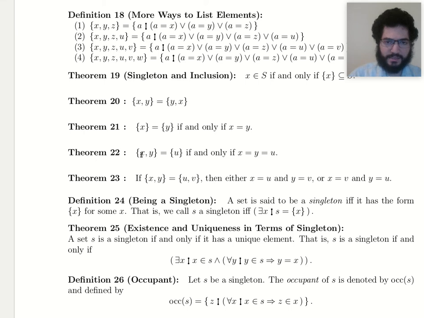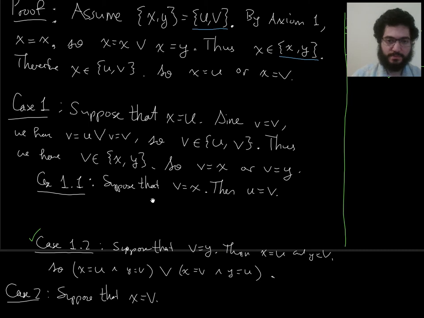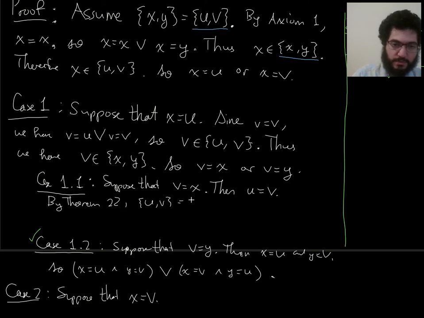This is saying that the doubleton is actually just a singleton, where what you can put here is just equal to either one of the two things in your doubleton. So by Theorem 22, since u equals v, the doubleton uv is just singleton u.